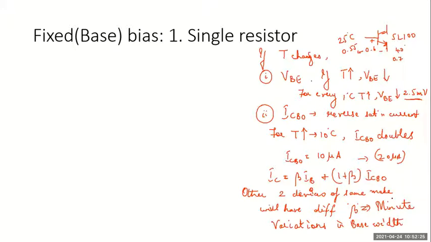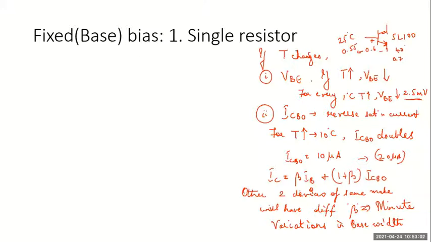In a transistor, remember, the base region should be the region having the smallest width. And in that small area, if there is a minute variation, then the recombination current will change and the ratio of IC to IB will change, and hence the beta value for that transistor will be different. Since the base width is in nanometers, it is very difficult to have the exact same base width for all transistors.